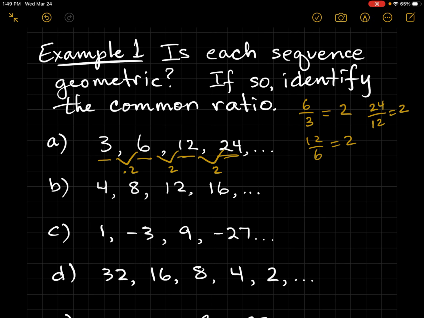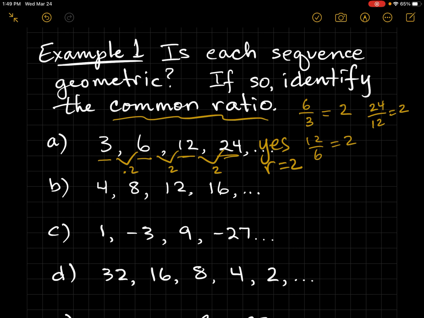Now, let's look at this next one. It says, is each sequence geometric? So the answer here is yes, and the ratio is 2. It says, if so, what is the common ratio?